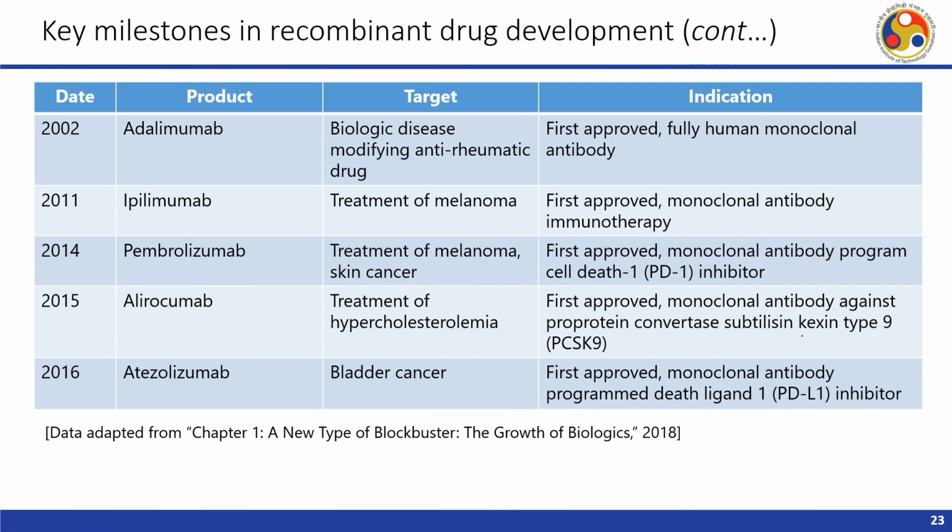This is the first approved monoclonal antibody against proprotein convertase subtilisin kexin type 9. Then in 2016 we have atezolizumab, which is a therapy against cancer, and this is the first approved monoclonal antibody programmed death ligand inhibitor.